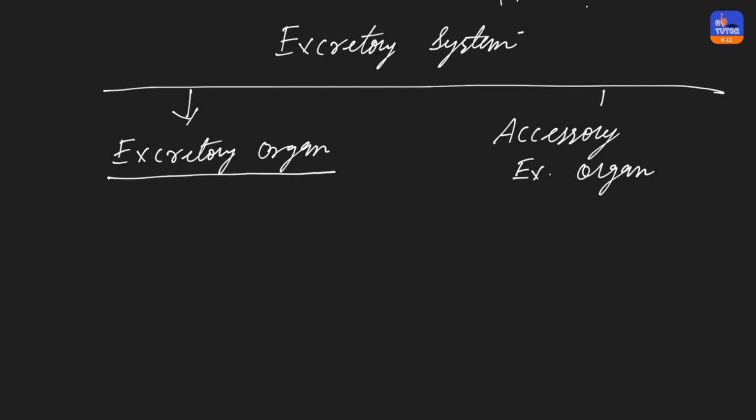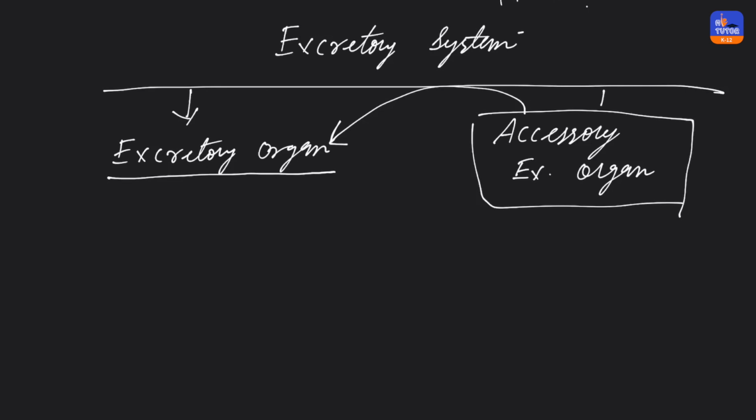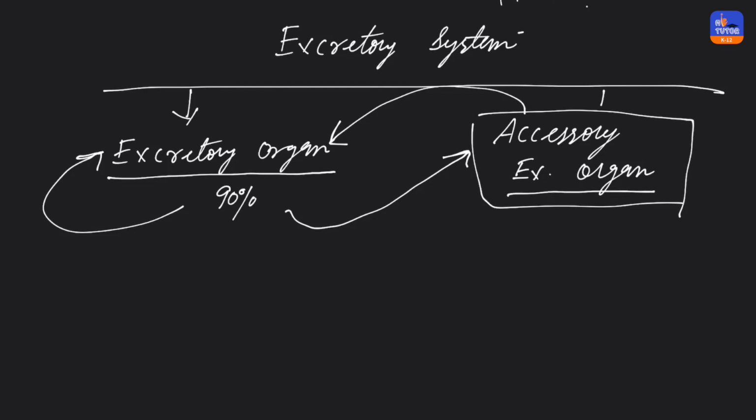Accessory means those organs which are not the main organ, they are helping the main organ. So, 80% to 90% of the job is done by the excretory organ, 10% by the accessory excretory organ. So, you must know the names.